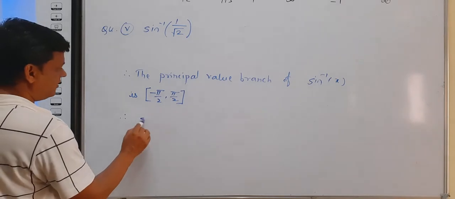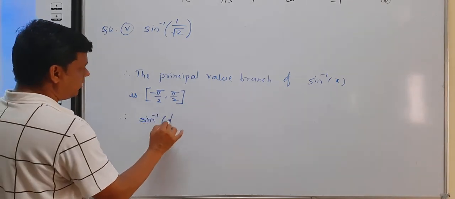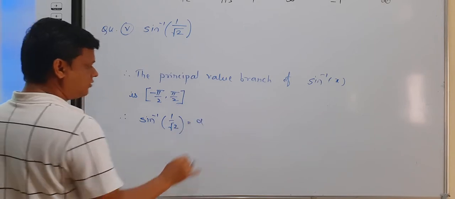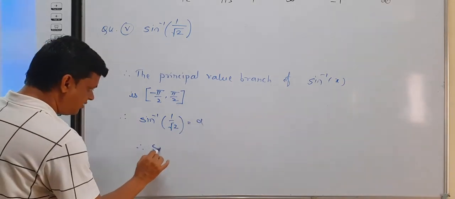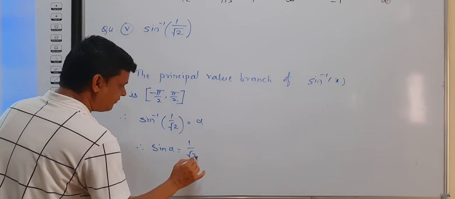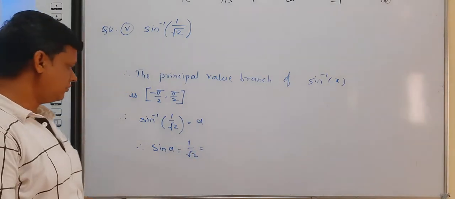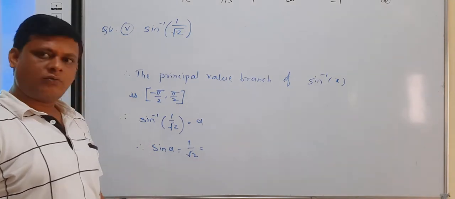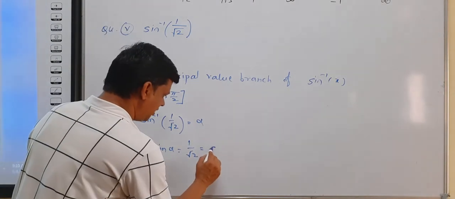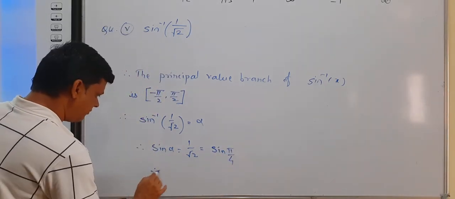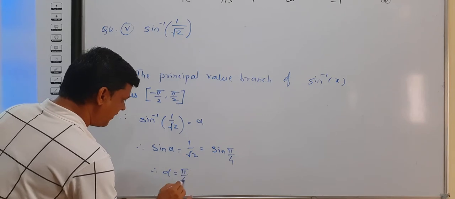Therefore we consider sin inverse of 1 by root 2 equals alpha. Therefore sin alpha equals 1 by root 2. For sin 45 we get 1 by root 2, so we write here sin pi by 4. Therefore alpha equals pi by 4.